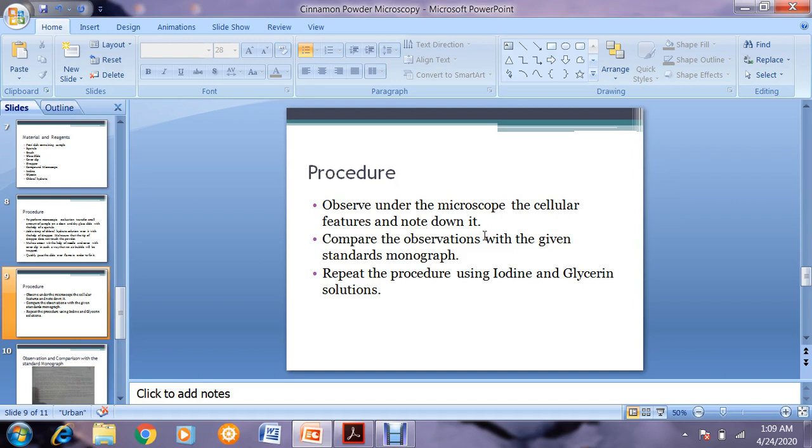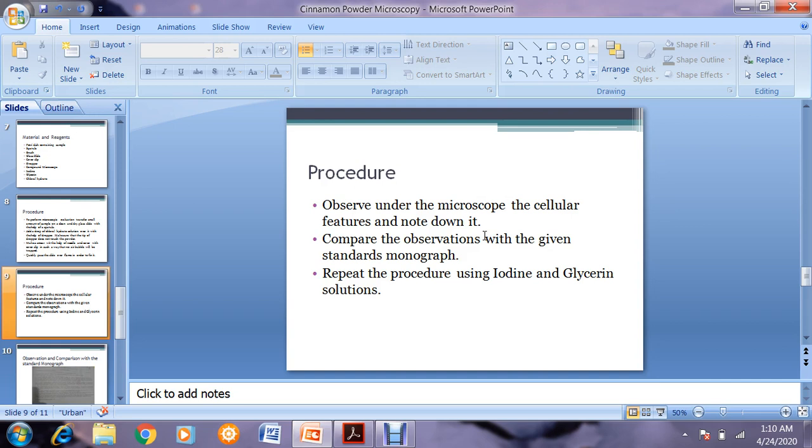When you are done with the observation, then you rotate the objective lens to 10x and again note down the features. At 10x magnification, you will see the characteristics in more detail.